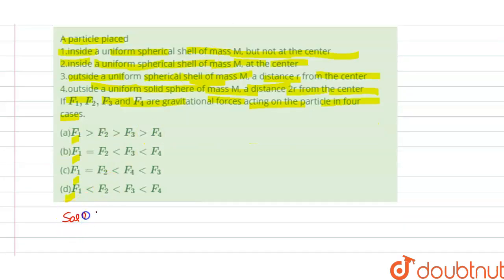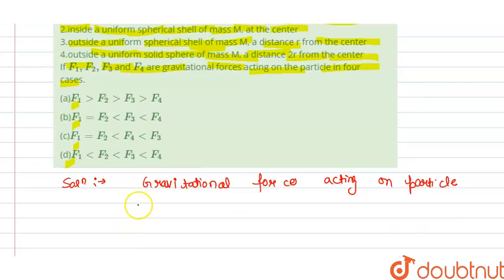So the solution of this question is, we know that the gravitational force acting on a particle inside the spherical shell is equal to 0.